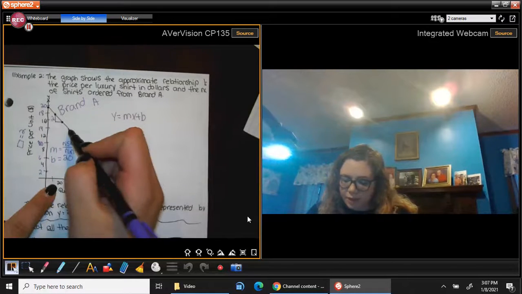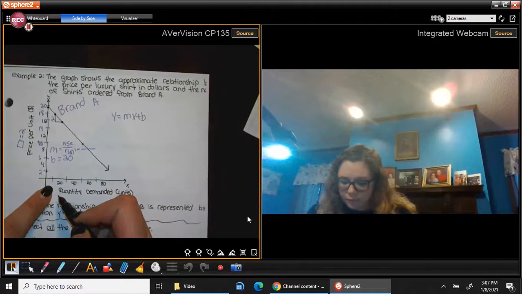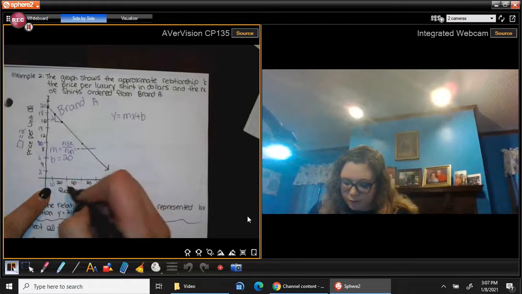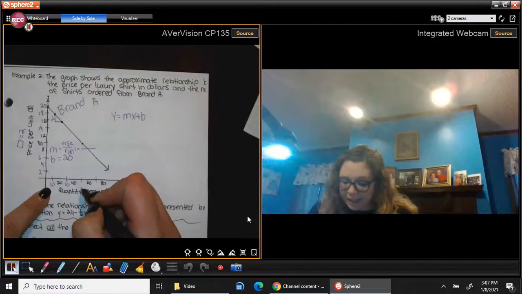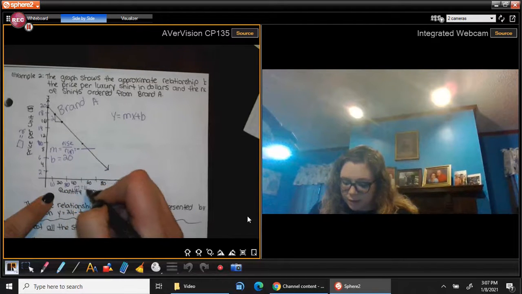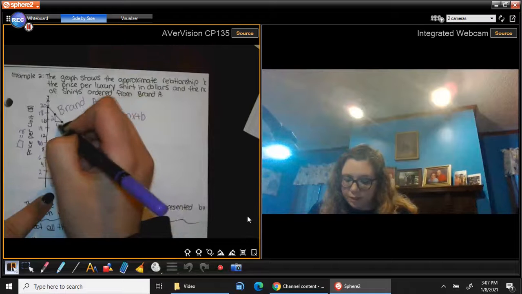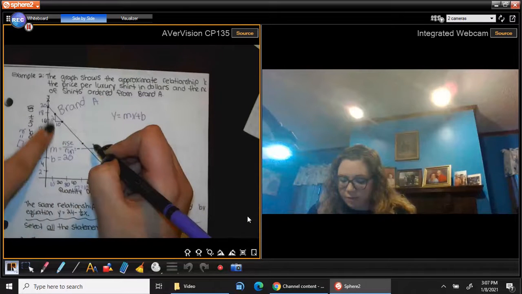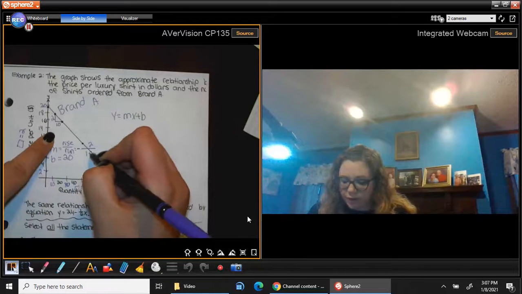And then my run, if you look down here, we are counting by 10s. So each block will be 10, and so this would be 10. My fall will be 2 over my run of 10.